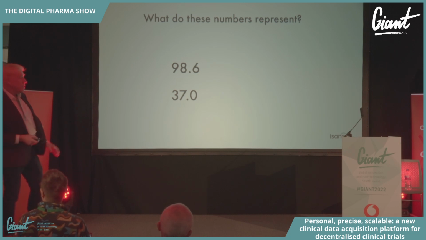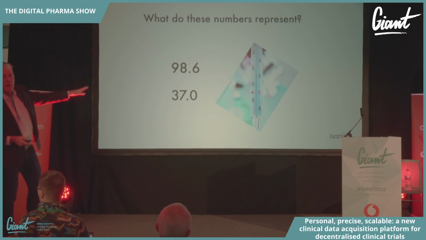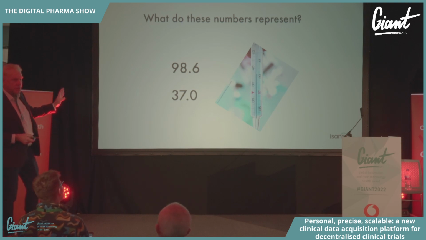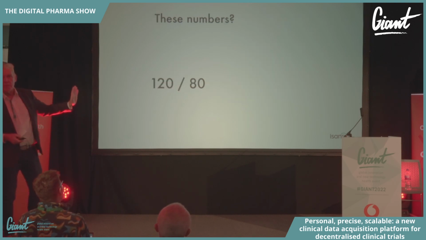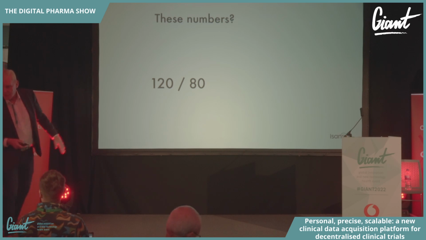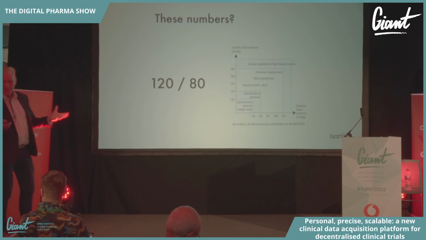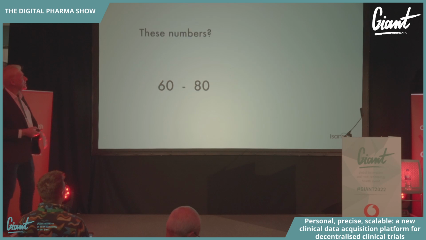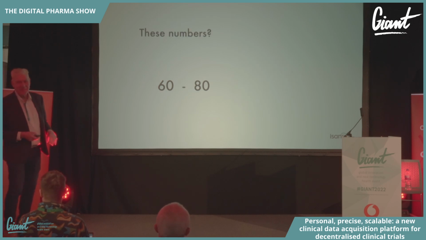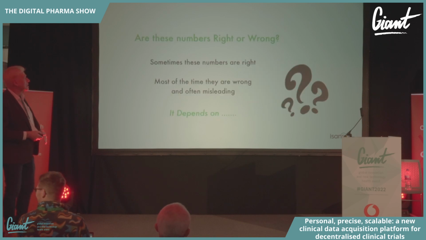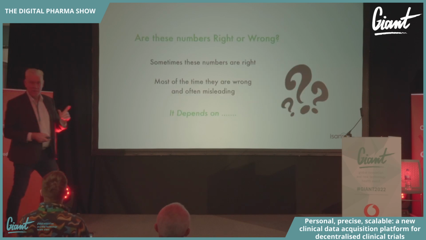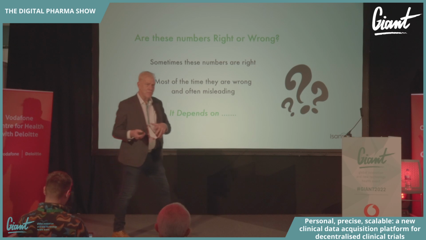Yeah, temperature. Yeah, human body temperature. Absolutely right. Fahrenheit and centigrade degrees, Celsius degrees. What are these numbers? Blood pressure. Good one. Yeah, great. And these numbers? Standard pulse. Excellent. Now, here's the question. Are these numbers right or wrong?